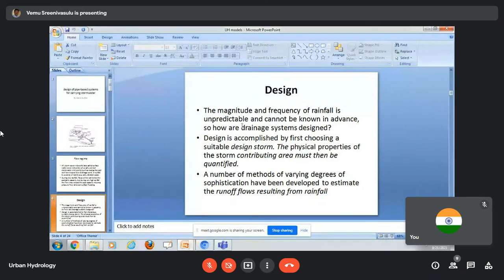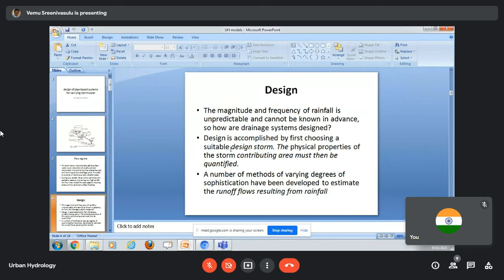So first we have to calculate the design storm, and then the physical properties of the storm contributing area must be quantified. Then what is the area? A number of methods of varying degrees of sophistication have been developed to estimate the runoff flows resulting from the rainfall.